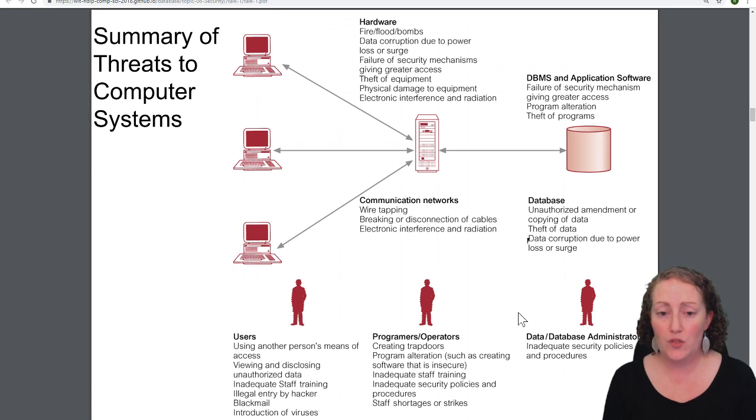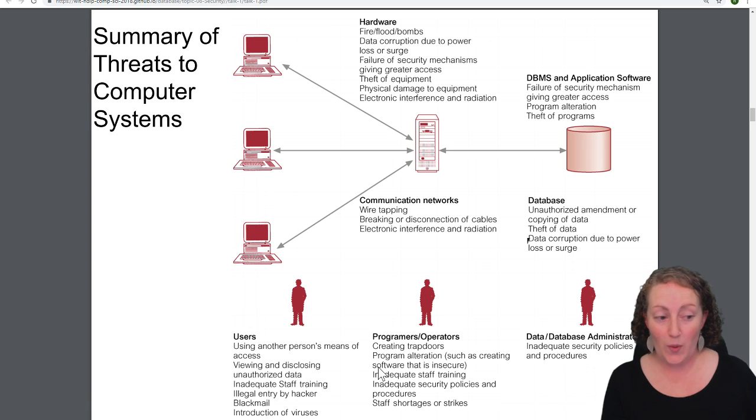So we need to make sure, first of all, that the correct training is in place for anyone who's going to work with or use the database. It mentions here things like programmers or operators. If we have staff that we can't trust, they can do things like create trapdoors in the database, or in programs that interact with the database.